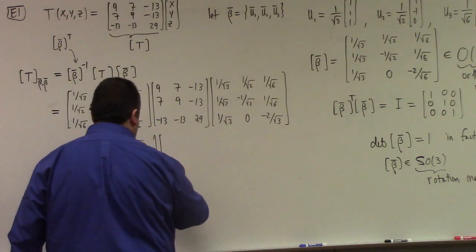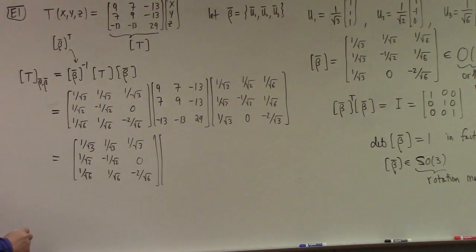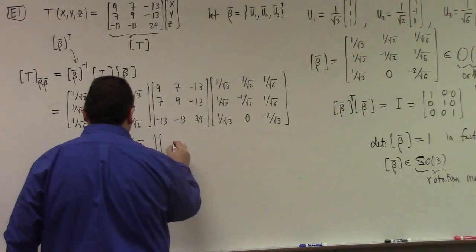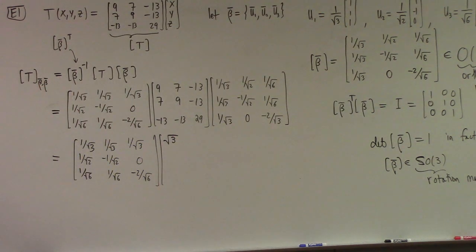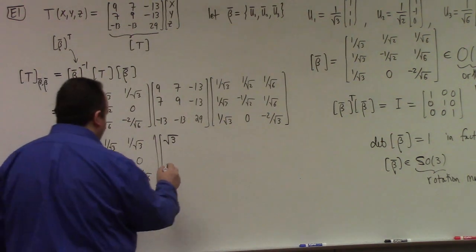So let's see here. We get what? 9 plus 7 minus 13 is what? 3. 3 over root 3 is root 3. How about the next one? I've got 7 minus 9, minus 2 over root 2, minus root 2.